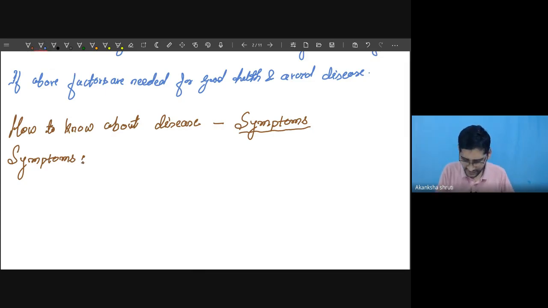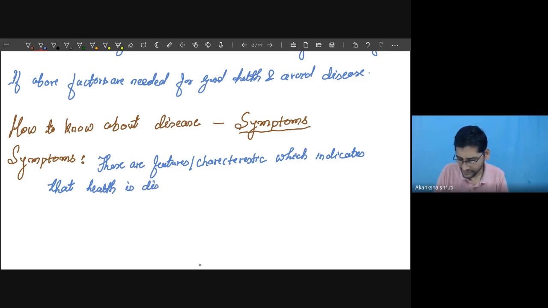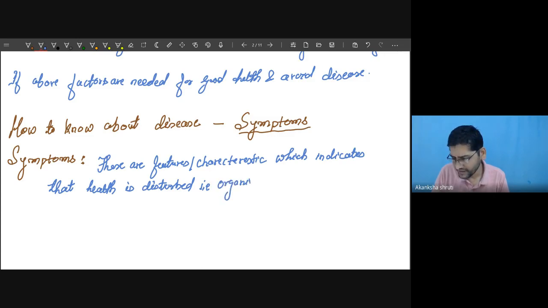So symptoms are the features or characteristics which indicate that health is disturbed, that is, the organism or person is suffering from disease.